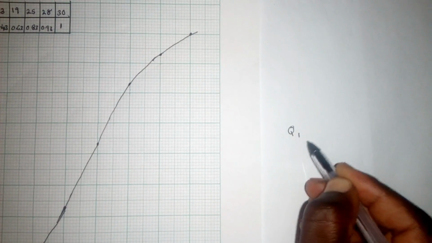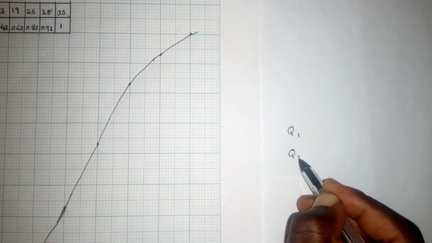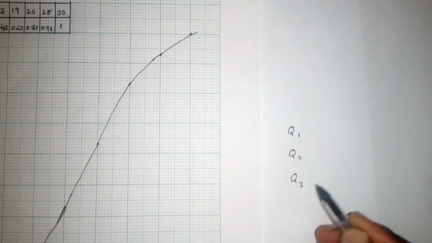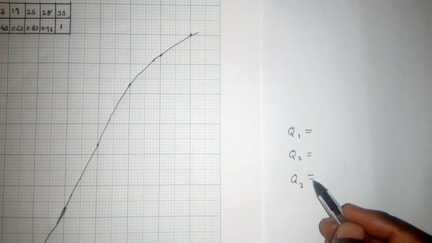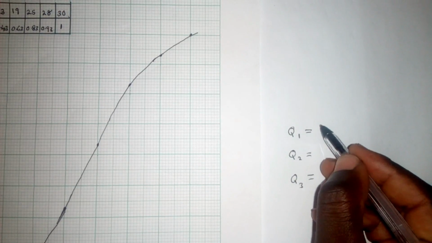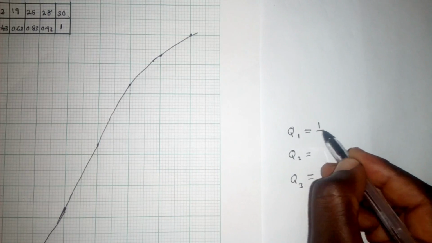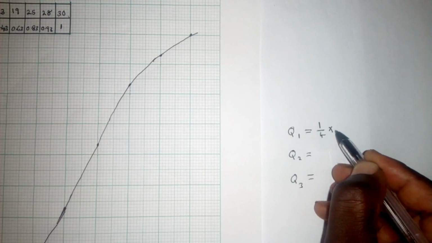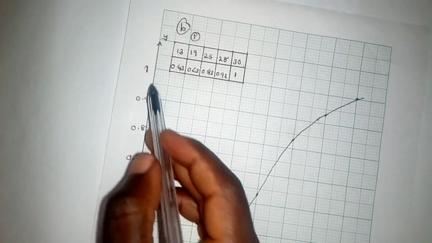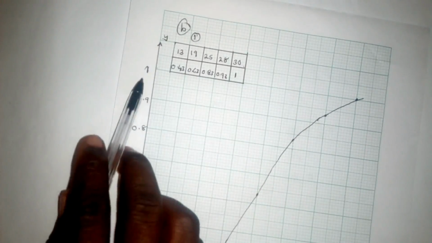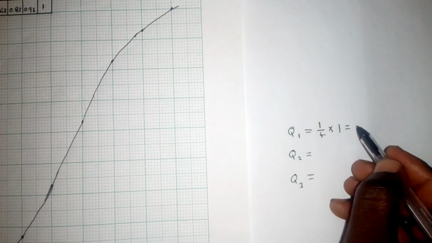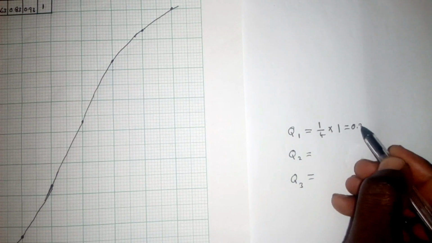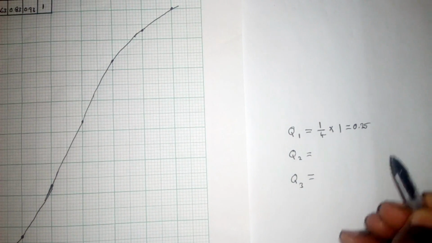there is a first quartile, second quartile, and third quartile. In order to find these, for the first quartile use 1/4 multiplied by the number you see up here. In this case there is 1, so multiplied by 1, the answer will be 0.25.